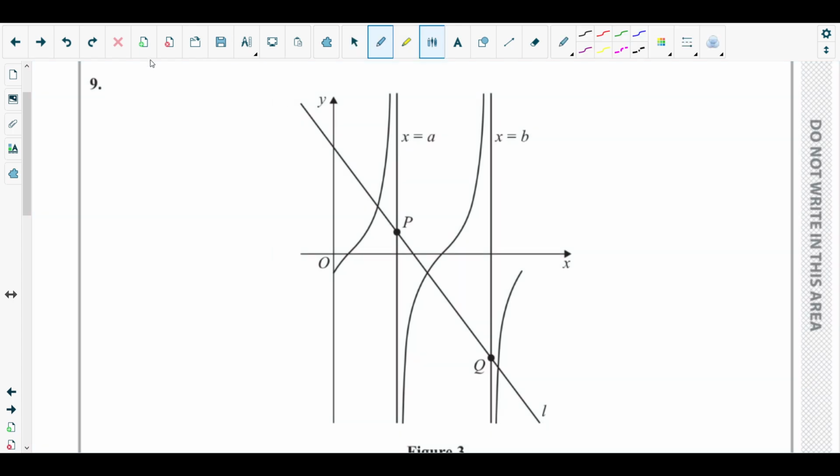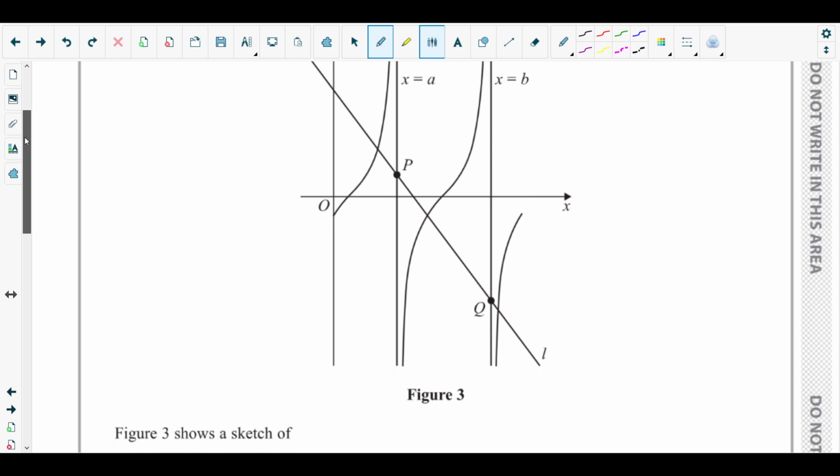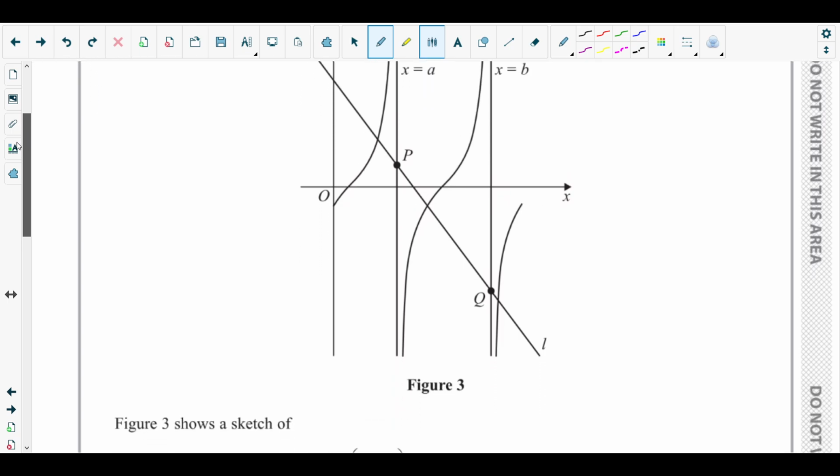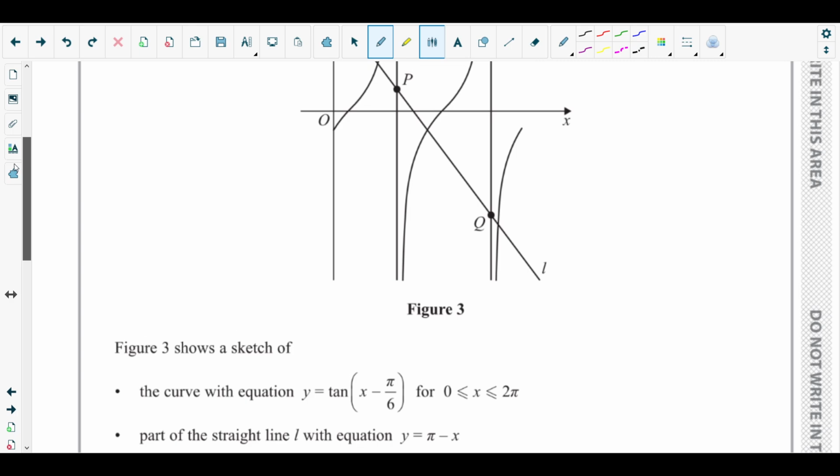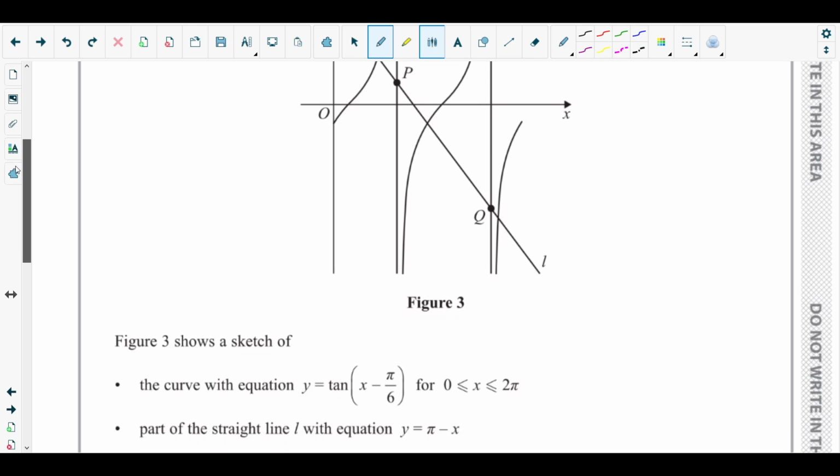In question number 9 you can see figure 3, a sketch of the graph of y equals tan(x minus pi over 6) radian. Figure 3 shows a sketch of the curve with equation y equals tan(x minus pi over 6) for x greater than or equal to 0 and less than or equal to 2 pi.